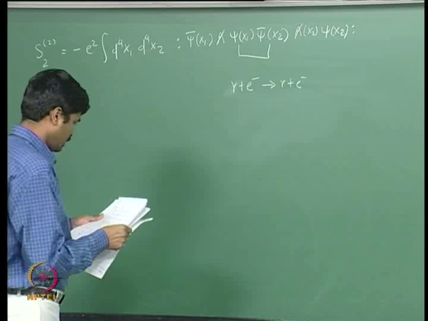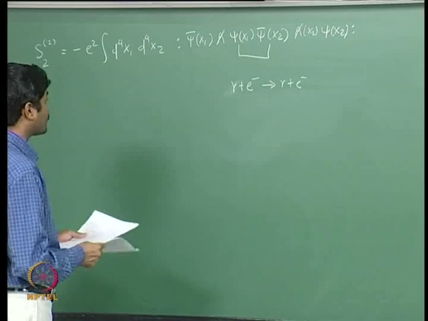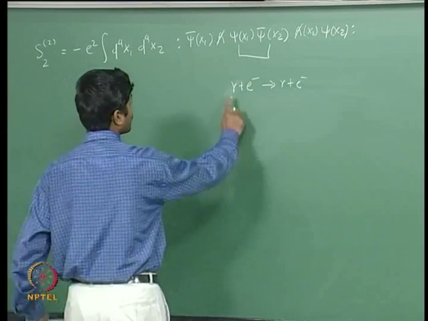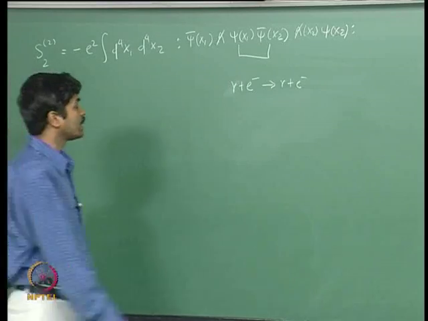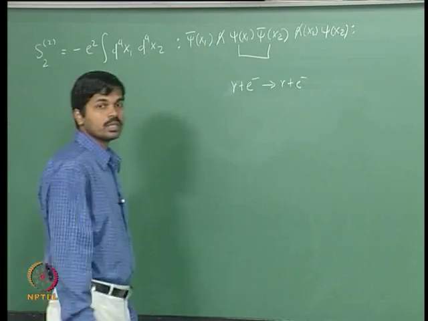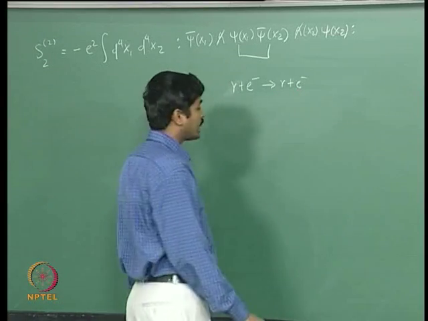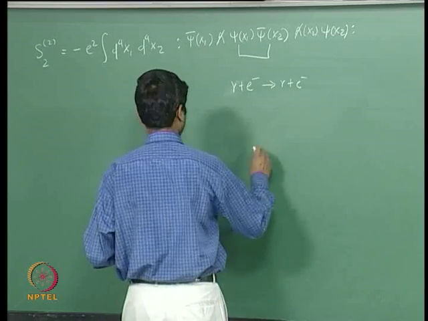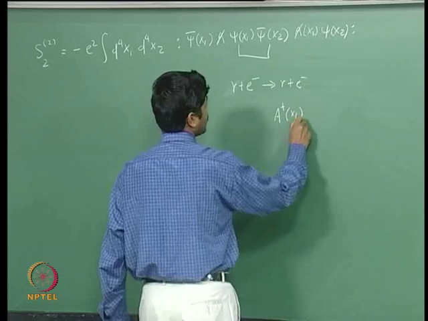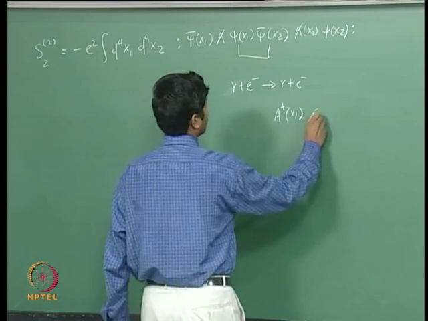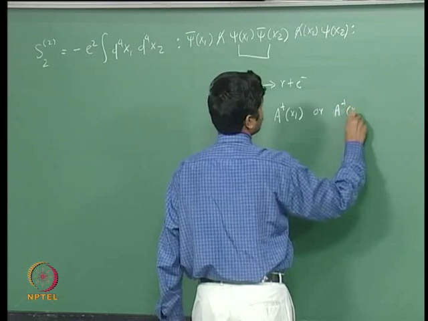Here, this basically says that there is an incoming photon and an incoming electron, and an outgoing photon and outgoing electron. The outgoing photon should contain A plus of x1 or A plus of x2.